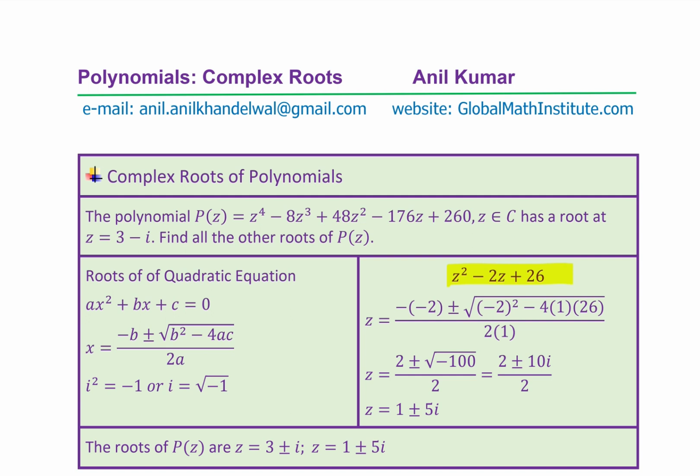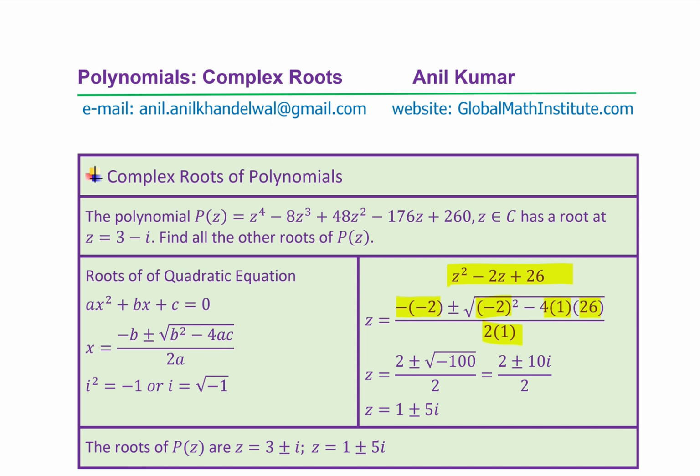Substituting the values, minus of 2 as b, right, and then b squared minus 4ac, in the term 4 times a times c, over 2a, we get the values. Simplify them, so you get 2 plus minus square root of minus 100, which is 4 minus 4 times 26, okay, 4 minus 104.